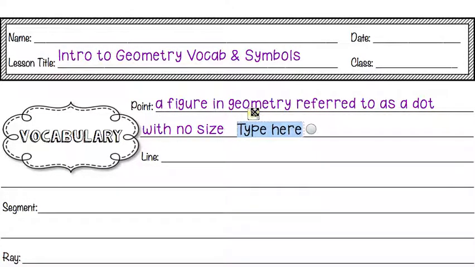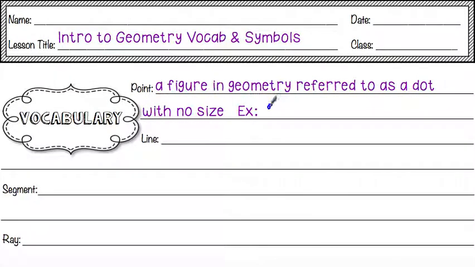So let's say we had something that looks like this. I will draw you a figure. We had a little dot and then the letter B. We would call this point B.